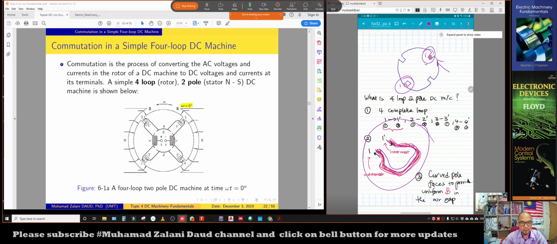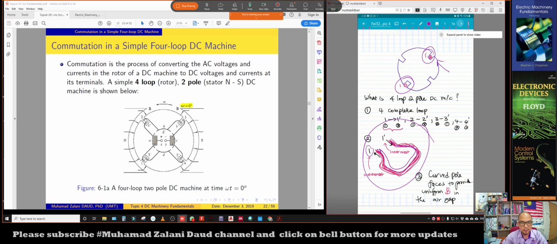With some number of turns, for example 100, 200, or 400 turns, it completes the windings. So that is the first set. For the four-loop system, it has four sets: the first set, second set, third set, and fourth set.